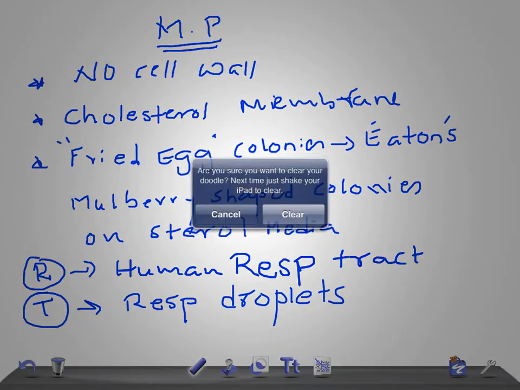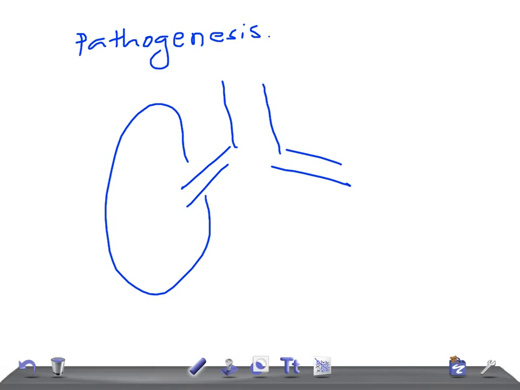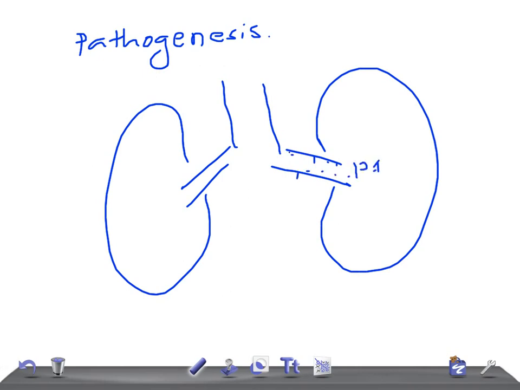So let's talk about the pathogenesis. If this is the respiratory tract, let me draw a line over here. It goes and attaches to the receptors known as the P1 receptors, the P1 proteins on the respiratory epithelium.